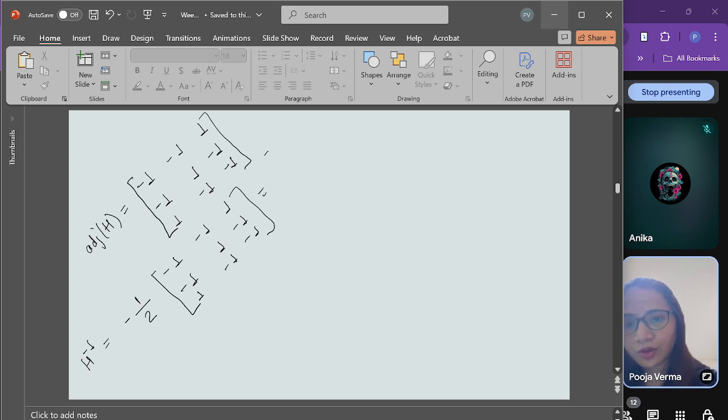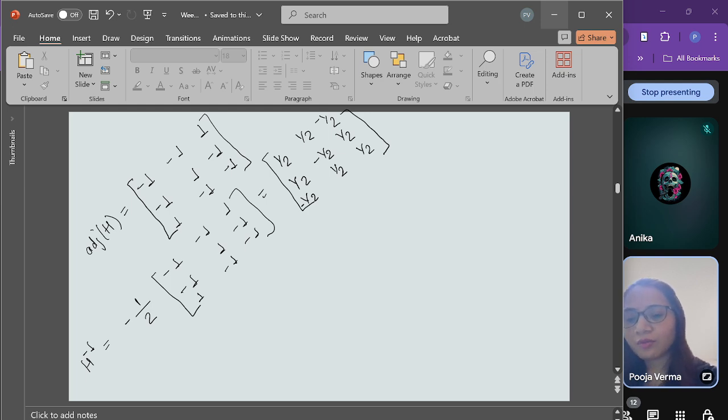Further, multiply this minus 1 by 2 inside, you will get 1 by 2, 1 by 2, minus 1 by 2. Here again 1 by 2, minus 1 by 2, 1 by 2. Here minus 1 by 2, 1 by 2, and 1 by 2.